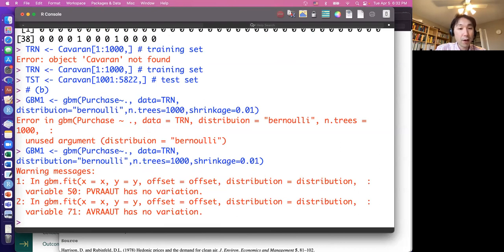And we get some warning messages: we take only 1,000 observations and some variables are sparse, so all elements are 0 for the first 1,000 observations. Probably this warning message is due to that fact. Variable 50 and variable 71 have no variation.